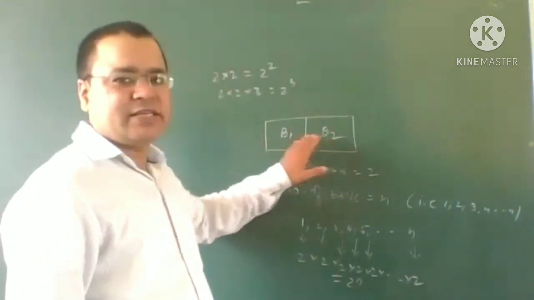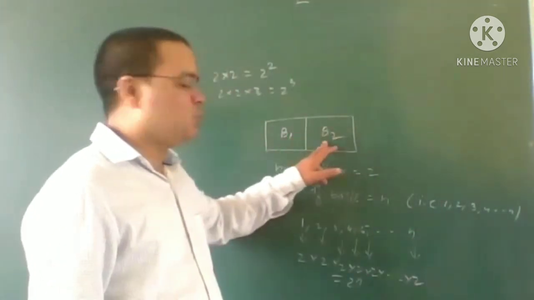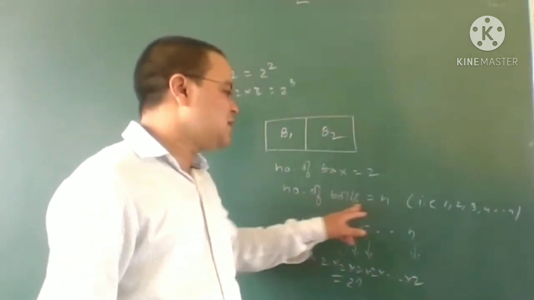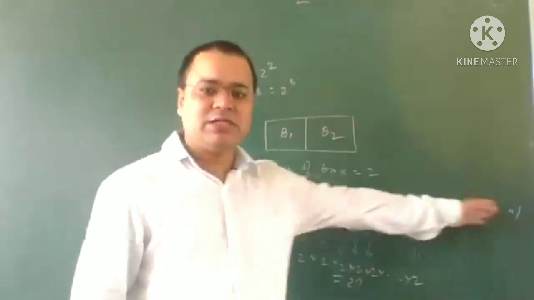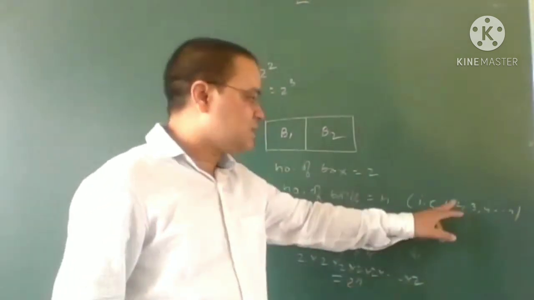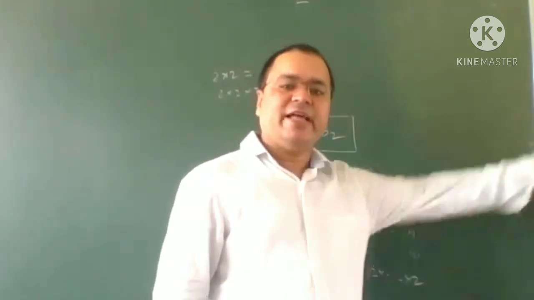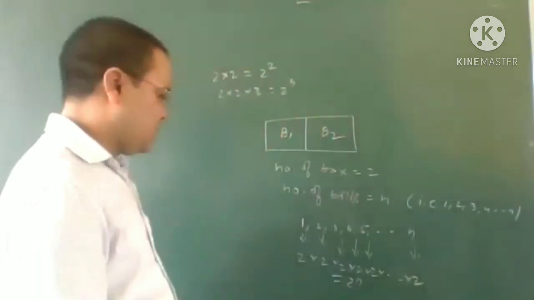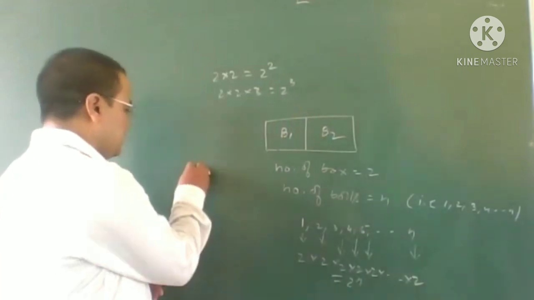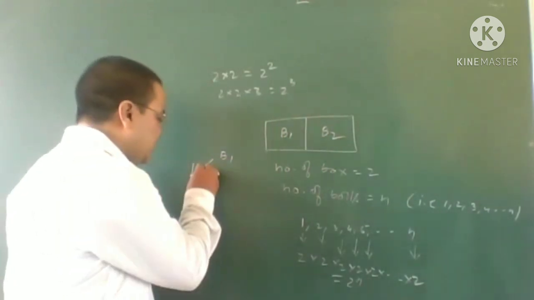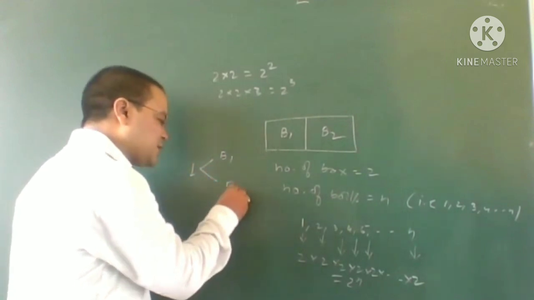There are two boxes and n balls: the first ball, second ball, third ball, up to the nth ball. Now look here. The first ball can be put in box 1 also, and the first ball can be put in box 2 also.